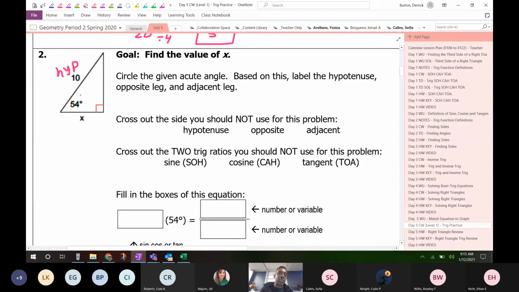This is the hypotenuse over here, and then we circle the angle we're dealing with. We draw that arrow. That points to the opposite side. That means the other side is the adjacent side. And then we do SOHCAHTOA to help us decide.